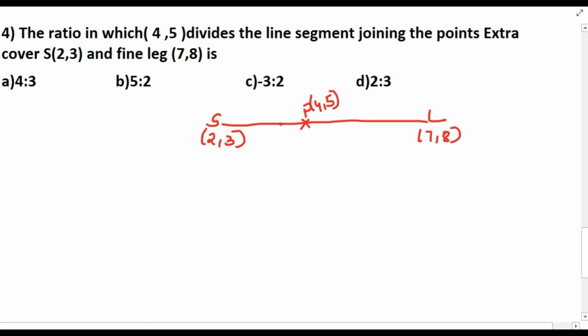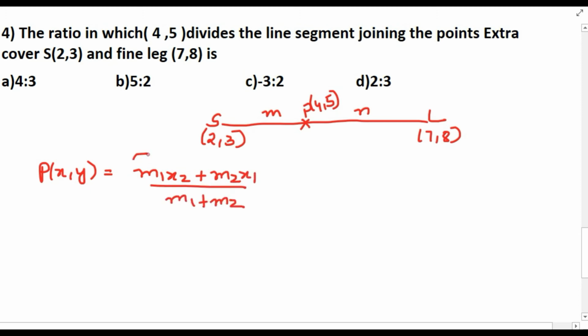So here we have to use the section formula. The section formula says x is m1 x2 plus m2 x1 divided by m1 plus m2, and the y coordinate will be m1 y2 plus m2 y1 divided by m1 plus m2.